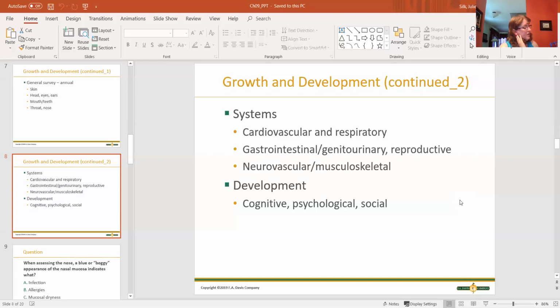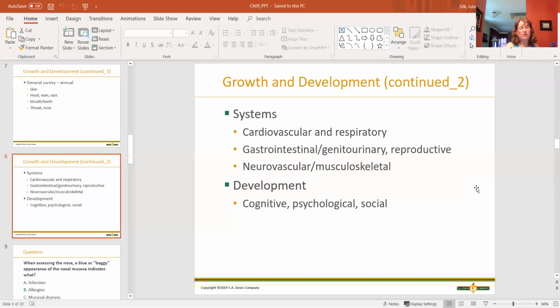So you're going to assess for skin color to note oxygenation issues. With their GI system, you're going to see if they are having problems with constipation or diarrhea. You're going to look at their GU system, see if they're peeing okay.